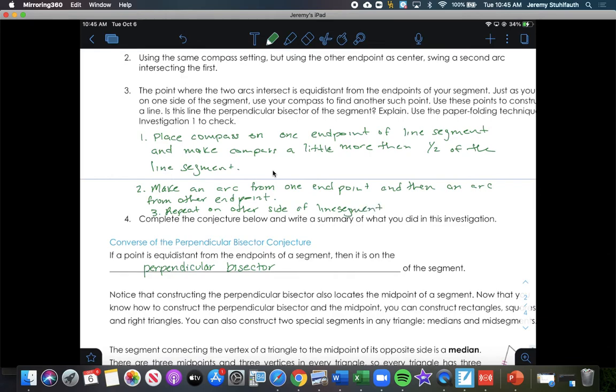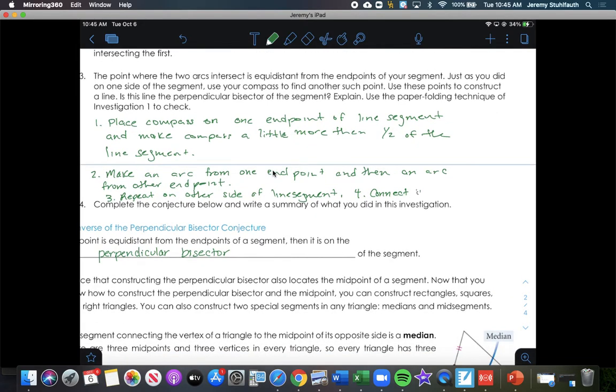And then finally, 4, connect the intersections of the arcs. And you'll get some more work doing this in the homework.